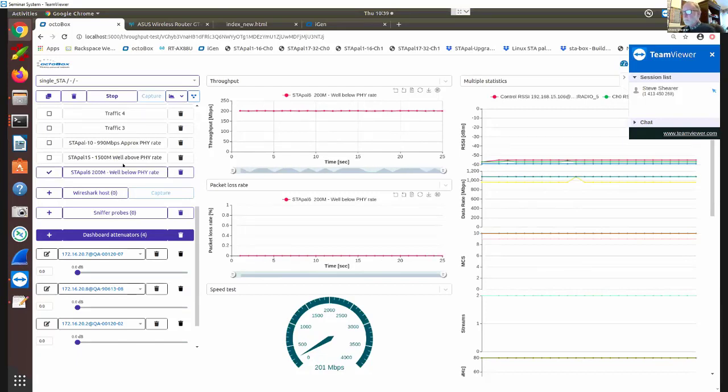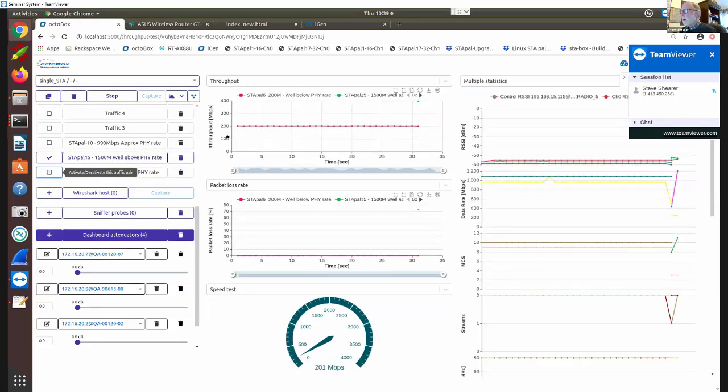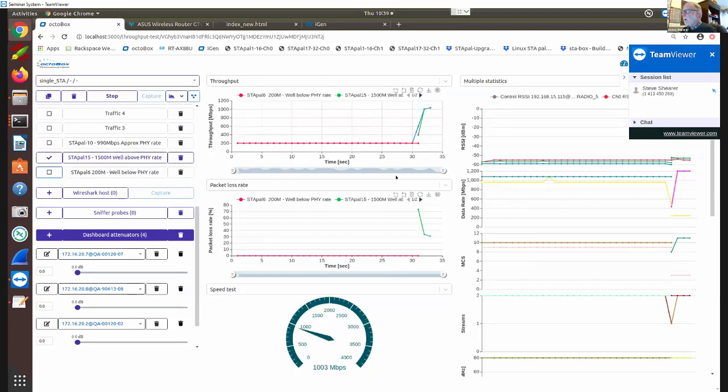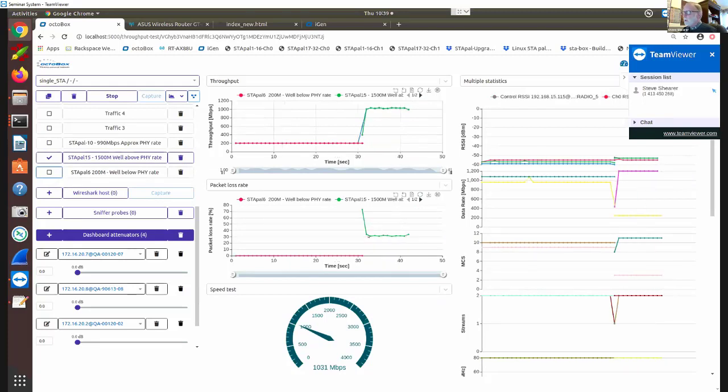So now I'm going to switch in the stay PAL with a much higher offered load. And you'll see that the throughput rises, as you would expect, because we are giving it more load. But you'll see that the packet loss increases. So we're at about a 30% packet loss, and that would be unacceptable.